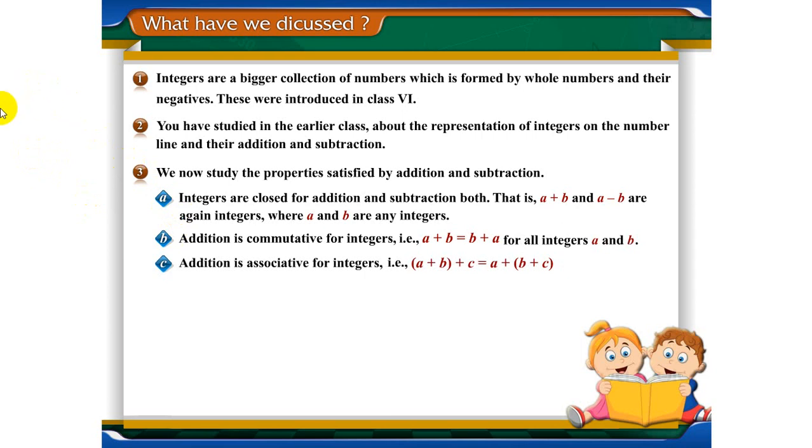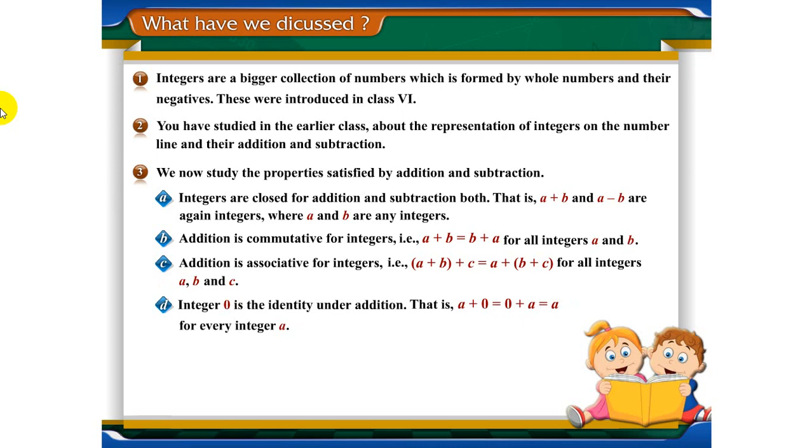That is, (A plus B) plus C is equal to A plus (B plus C) for all integers A, B, and C. (d) Integer 0 is the identity under addition. That is, A plus 0 is equal to 0 plus A is equal to A for every integer A.